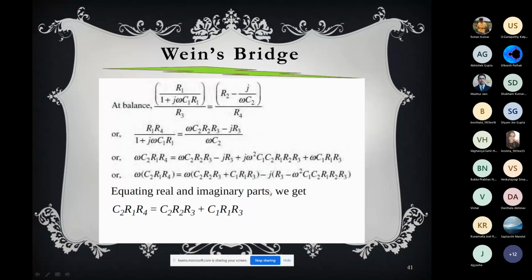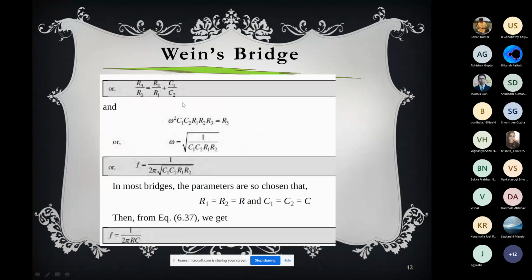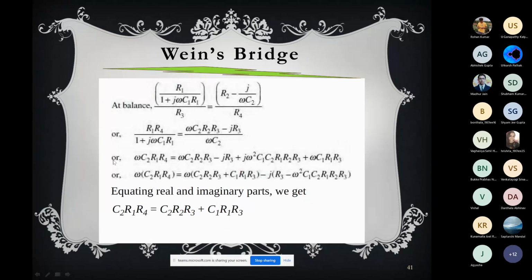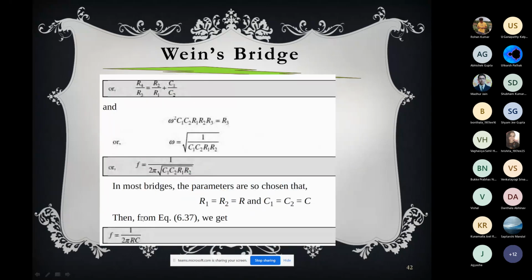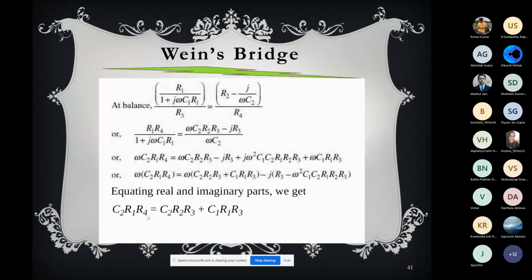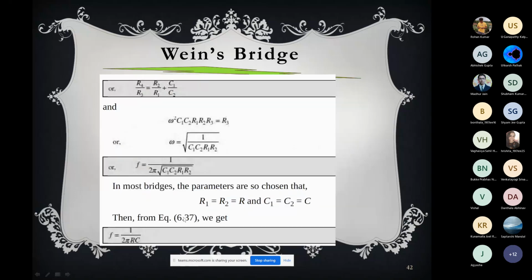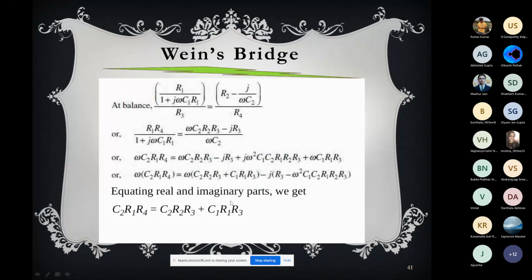From the first equation, if you divide by C2 R1 R3, you get R4 by R3 equals R2 by R1 plus C1 by C2. So this expression is achieved.